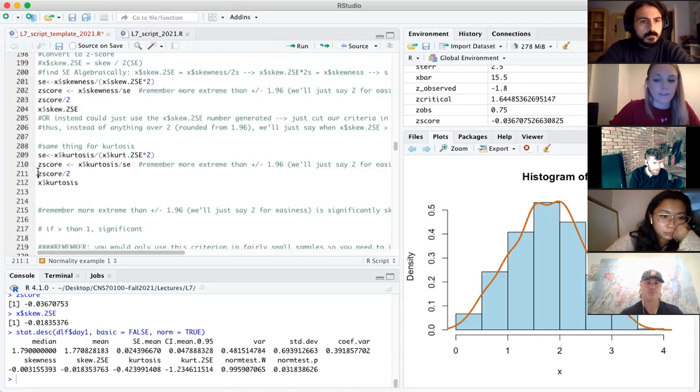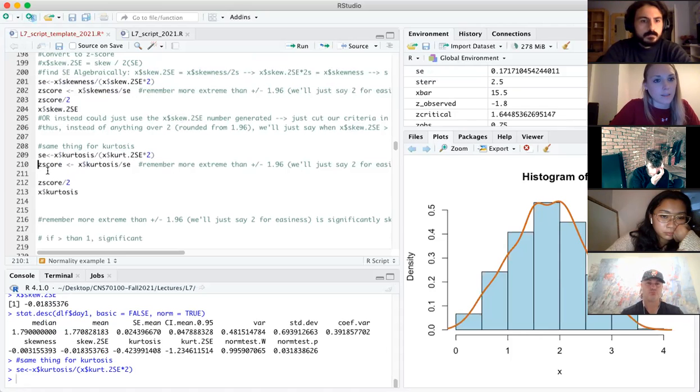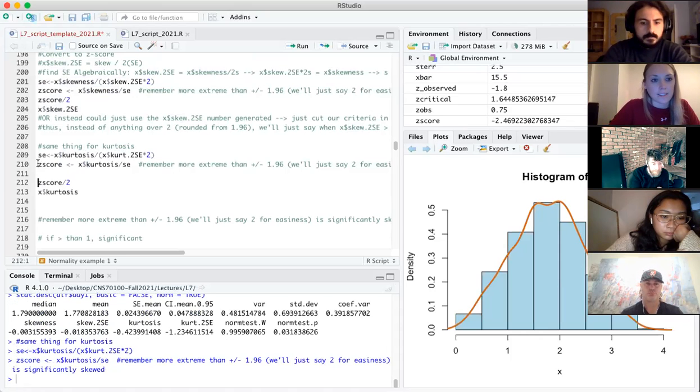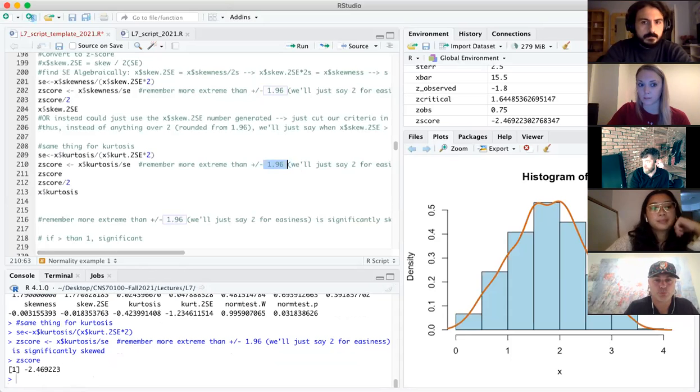First we can get the standard error, because this is 2 times the standard error, so we need to get back to standard error. And then the Z-score for kurtosis is actually negative 2.46. If this was a standard Z-test, we would be comparing it to 1.96, right? So do you reject the null or fail to reject the null? Reject the null, correct.